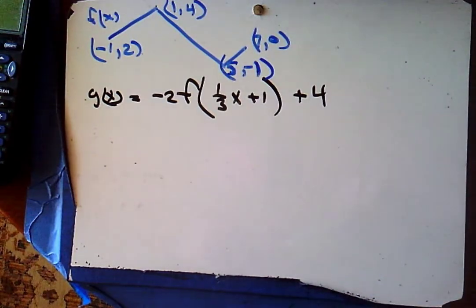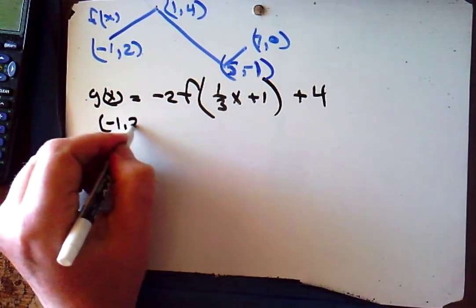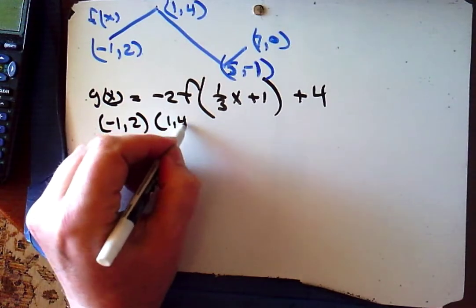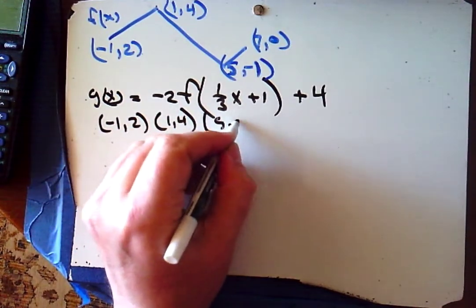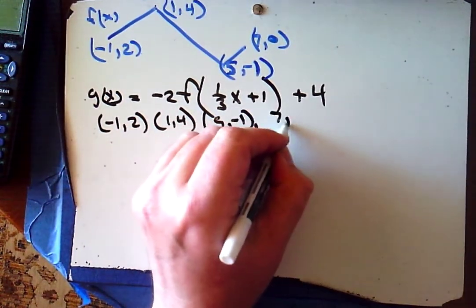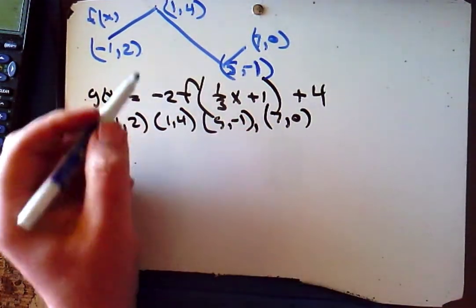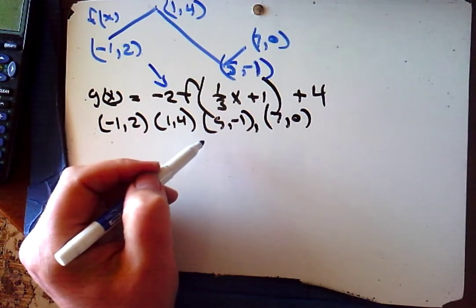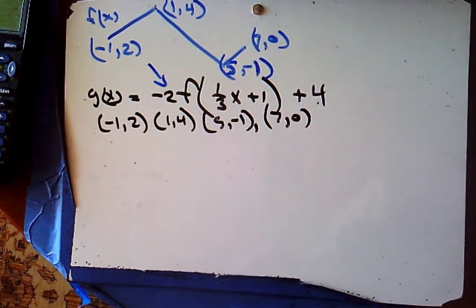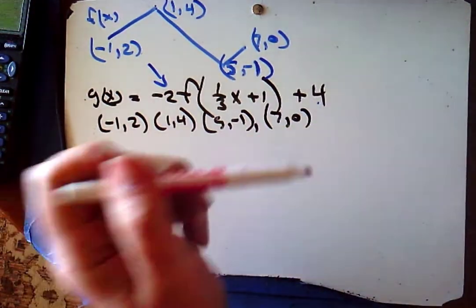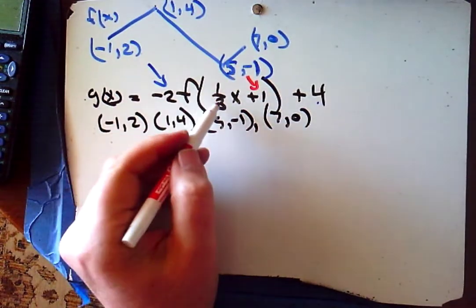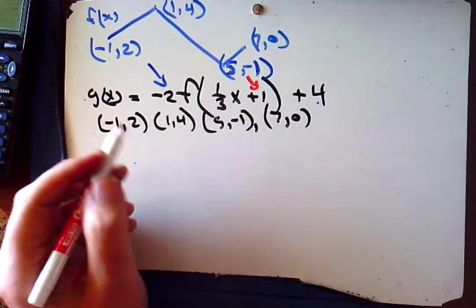Okay, so I'm going to start with those reference points: (-1, 2), (1, 4), (5, -1), (7, 0). And I'm going to apply my transformations. I'm going to multiply all the y's by -2 before I add 4 to them. I'm going to subtract 1 from the x's before I multiply the x's by 3.